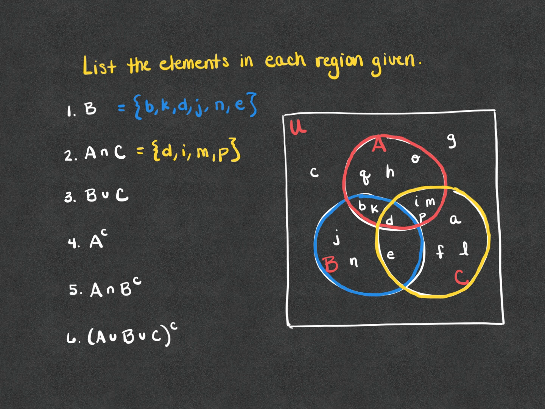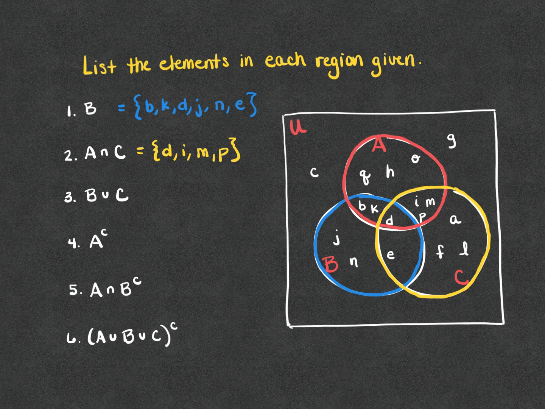For the next one, B union C, set B is the one circled here in blue. Set C is this one circled in yellow. And remember, a union says put all of those things together. So for B union C, what we want is every element in one circle, the other, or both. So that does include the D and E here in the middle.